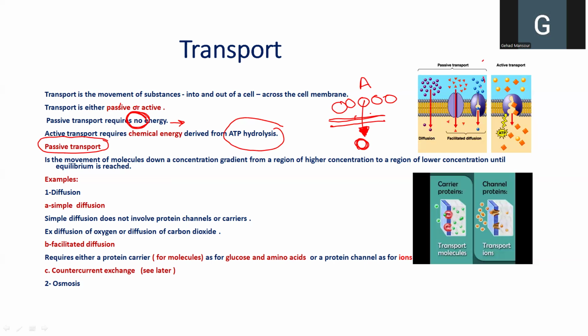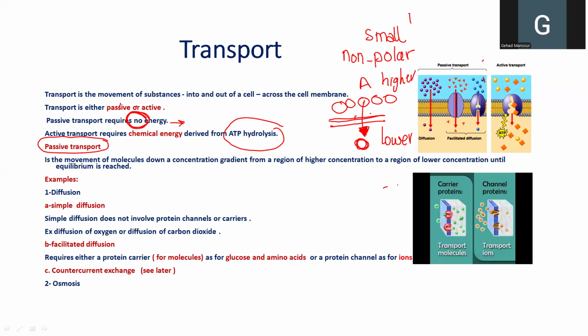We suppose that this substance A, for example, is a non-polar substance, and that it is a small particle. So it will pass from the region where it has a higher concentration to a region where it has a lower concentration.